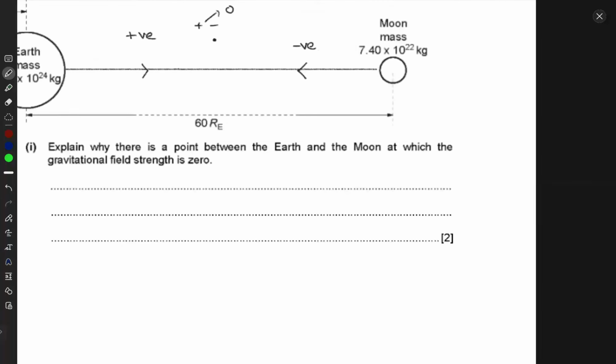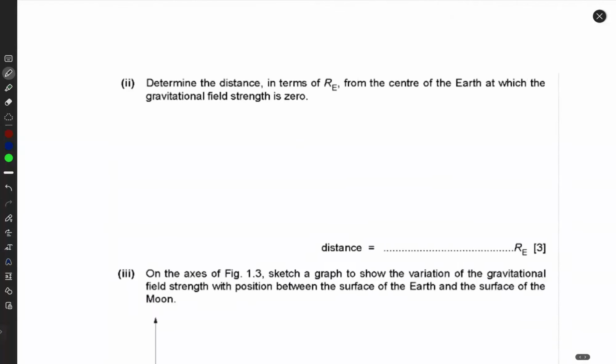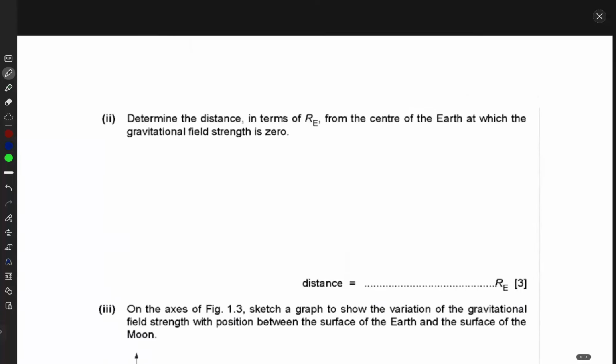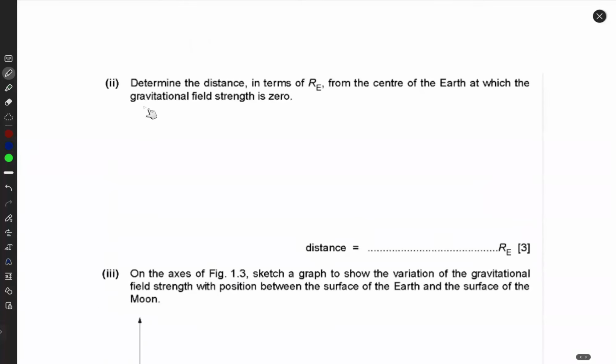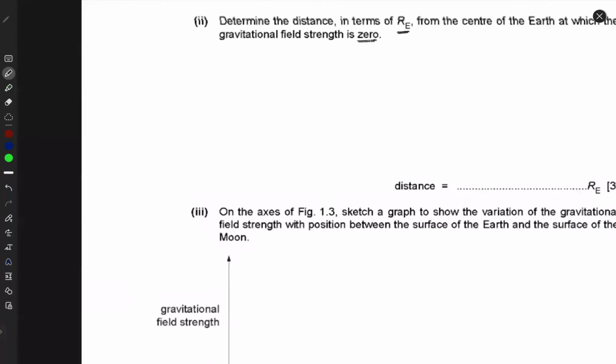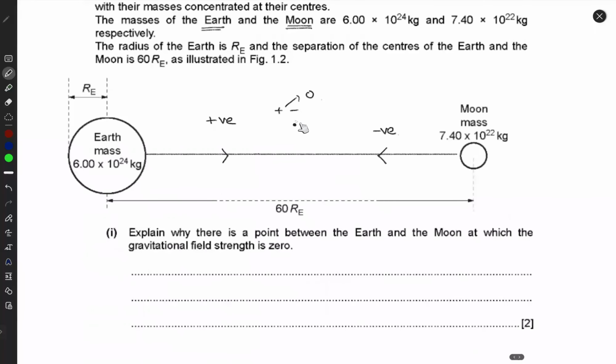No. Okay, so the next part of the question is: determine the distance in terms of the radius of the Earth from the center of the Earth at which the gravitational field strength is 0. So we want to determine the distance of this point from the center of the Earth, right?